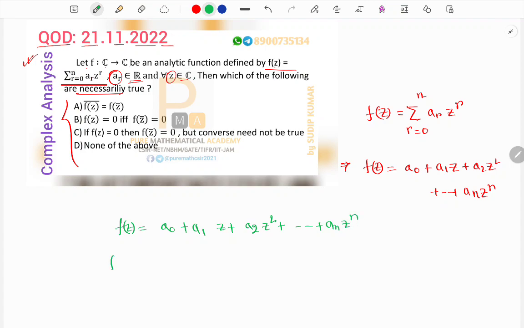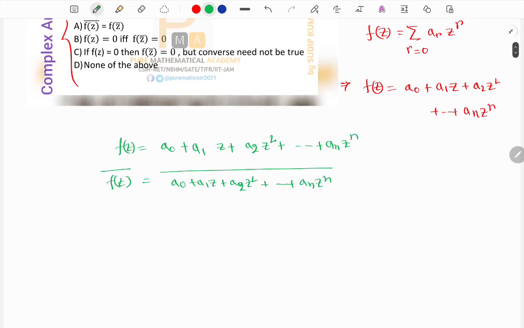Okay, now f of z conjugate equals a naught plus a1 z plus a2 z square plus an z raised to the power n, whole conjugate. And we know that if z1 and z2 are two complex numbers, then the conjugate of z1 plus z2 equals z1 conjugate plus z2 conjugate.